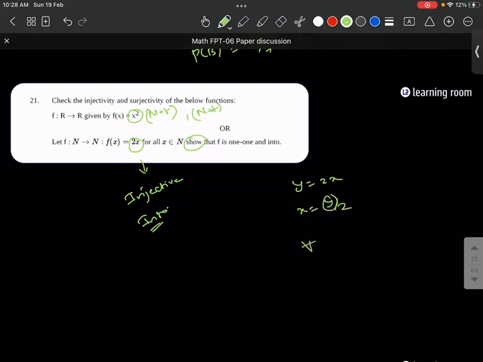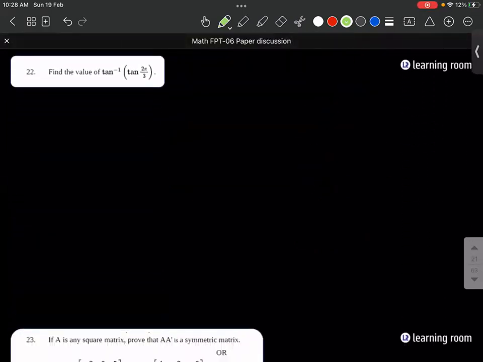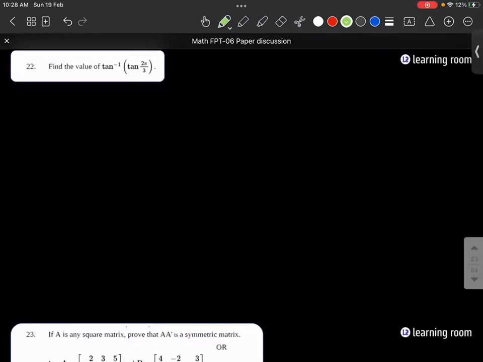For all values of y which belong to the natural number set, for example, if I substitute y is equal to 1, there exist values of x which do not belong to the natural number set. Am I right? So hence it is not going to be an onto function.